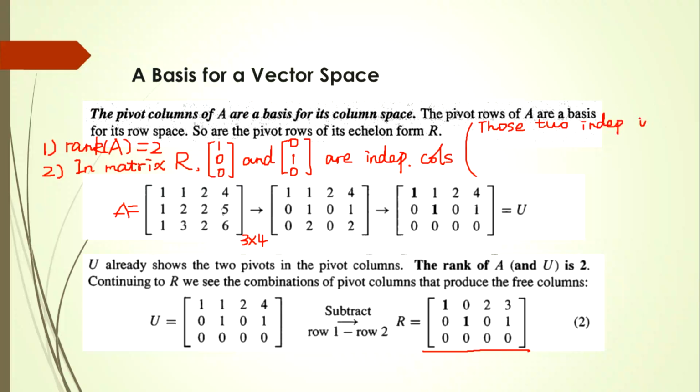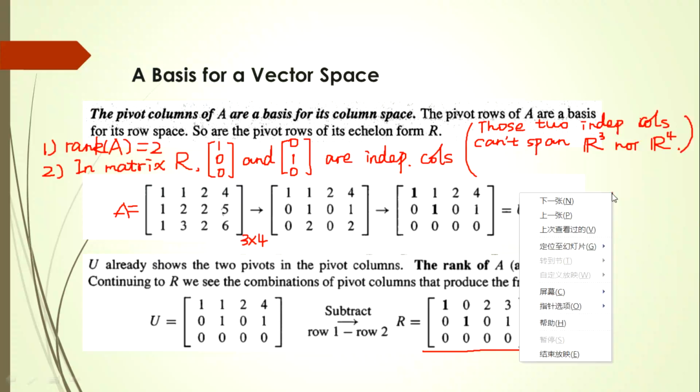So those 2 independent columns cannot span R3, nor R4. They can only span the column space for the matrix A, right?